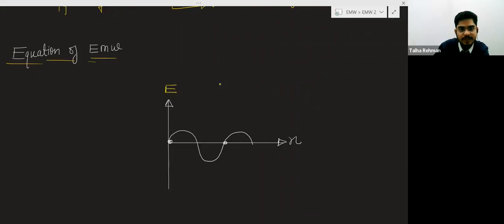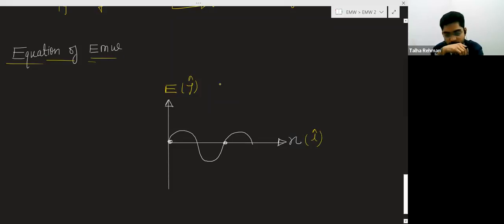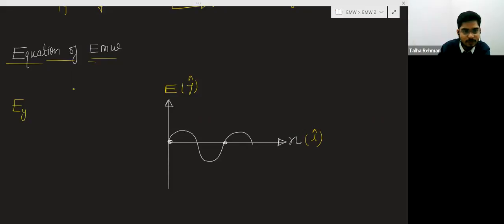This is the electric field direction and this is the direction of the propagation of the wave. So the electric field is along the y axis, meaning j cap, and the direction of propagation is along i cap. Remember this point. So the equation of the electromagnetic wave in terms of the electric field: the electric field is along the y axis, so you will write it as Ey.